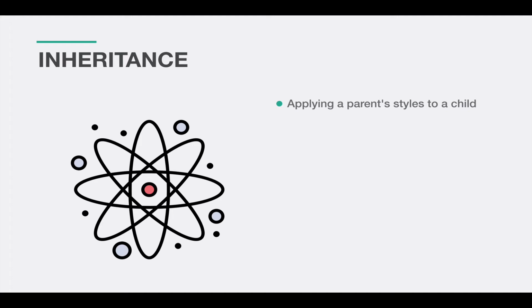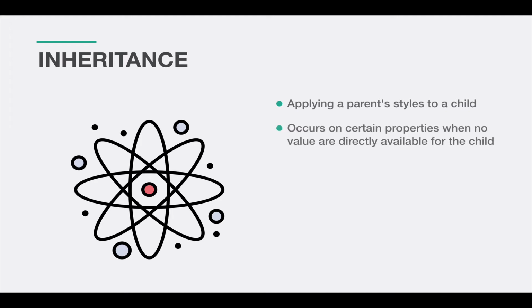Now, this only applies to certain properties. Not all properties are inheritable. We can control inheritance; there are values that allow us to control it. The most common one is inherit, which basically allows us to tell an element to inherit the parent's style.